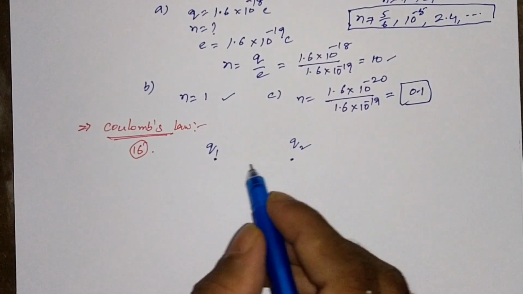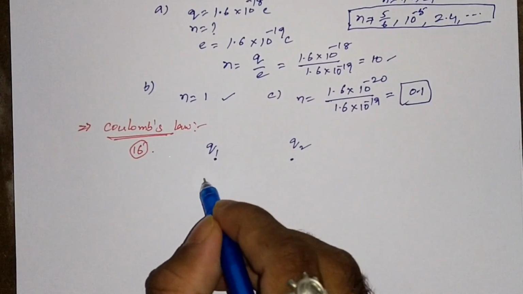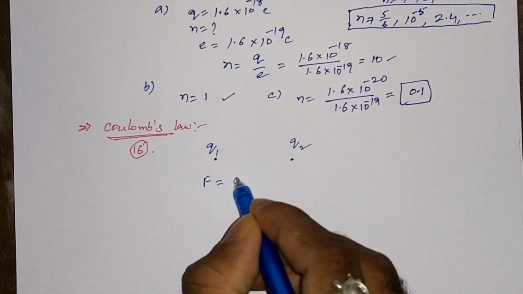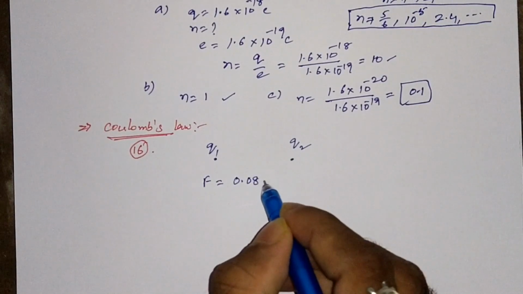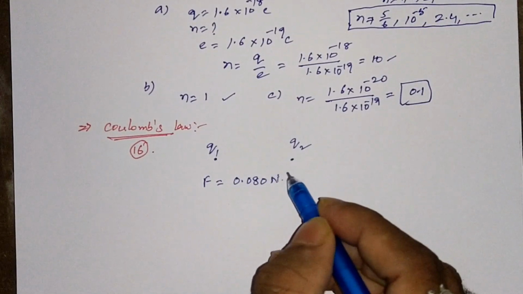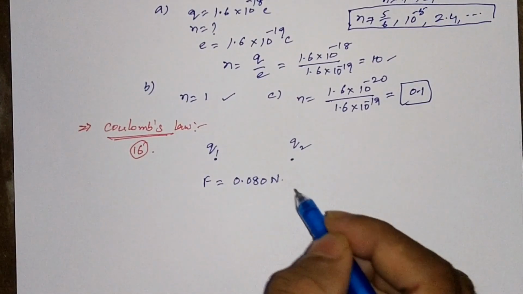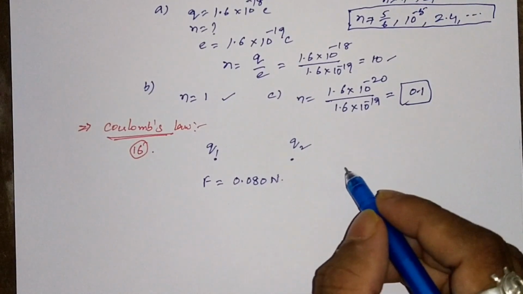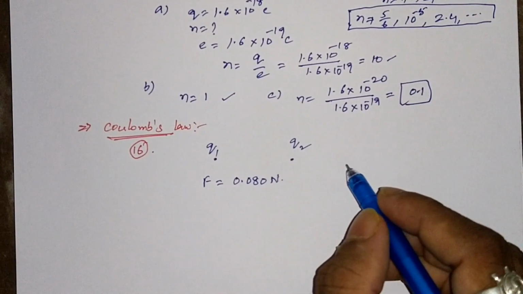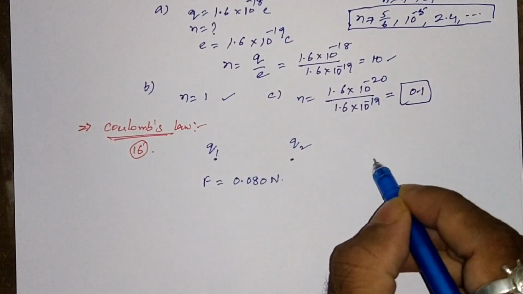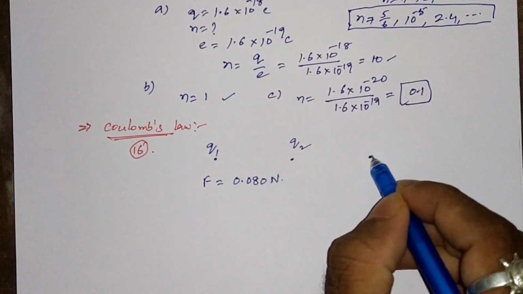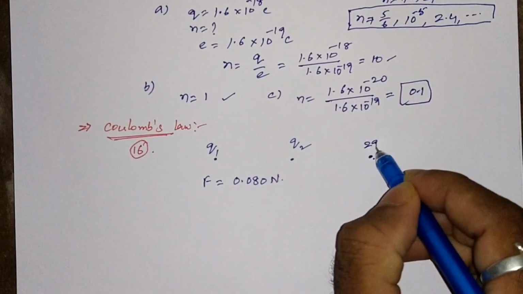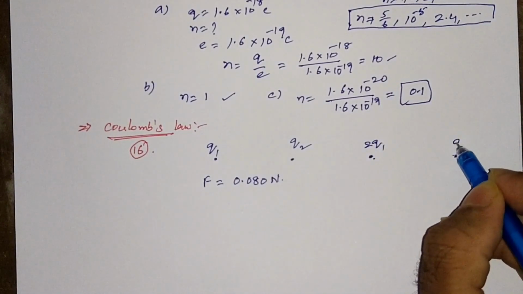The force of repulsion between them is 0.080 newtons, given in the problem. This is the first case. What happens if the charge of one of the objects is doubled? I am taking Q1 doubled, so it is 2Q1 and Q2 is the same.